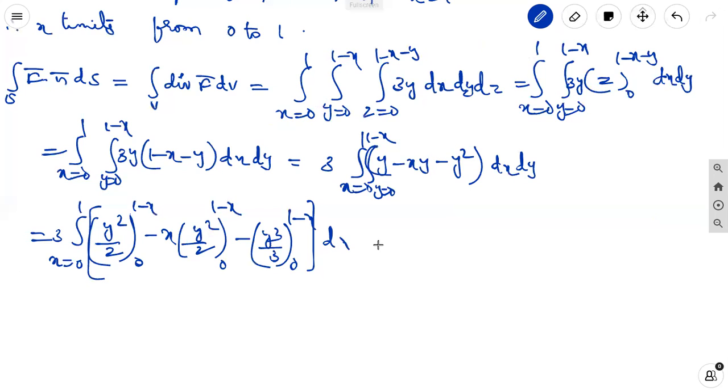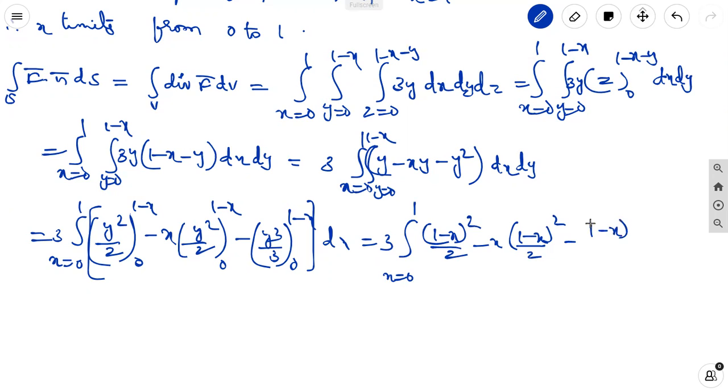It is equal to 3 integral x limits from 0 to 1 of 1 minus x whole square by 2, minus x into 1 minus x whole square by 2, minus 1 minus x whole cube by 3. Lower limits all are 0, then it should be 0, into dx.